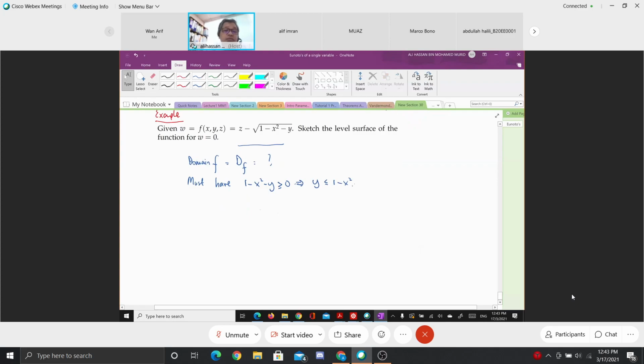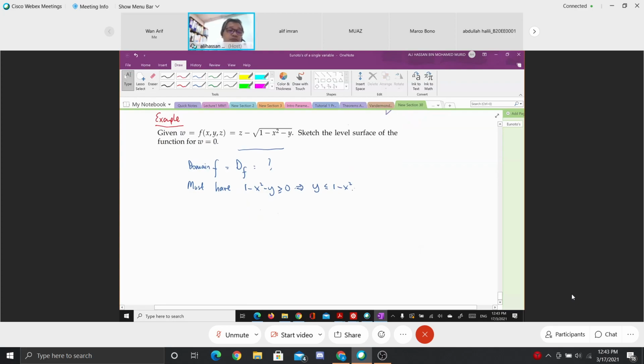So z can be any real number. We can write the domain of f as all points x, y, z such that y is less than or equal to 1 minus x squared and z can be any real number.